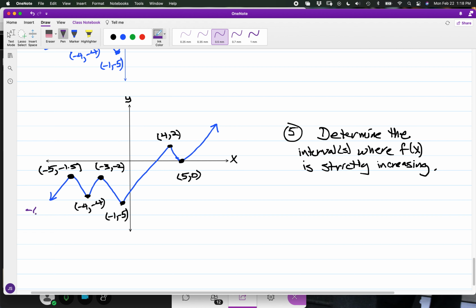So starting out from x approaching negative infinity, and then expanding on out to x approaching positive infinity.